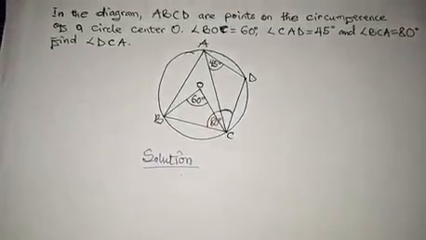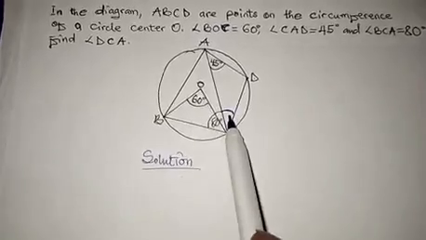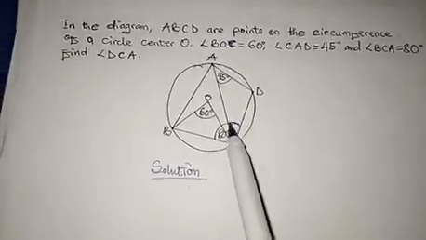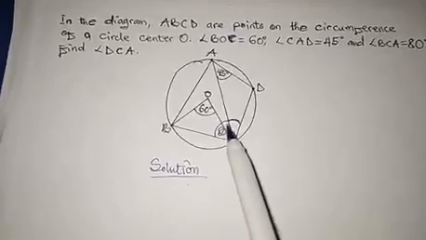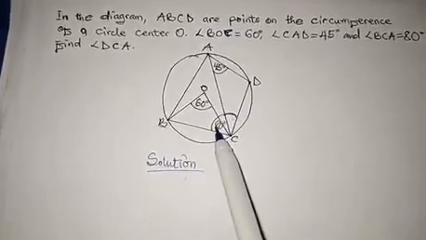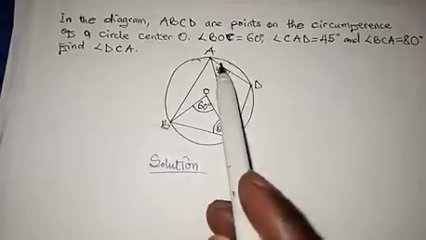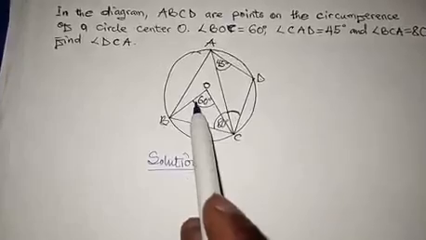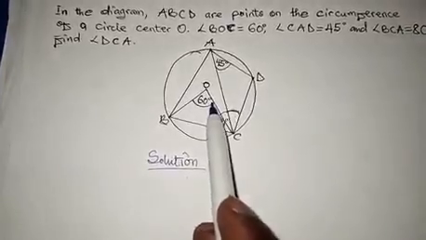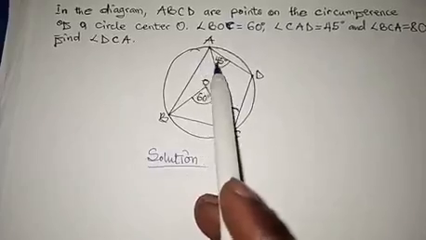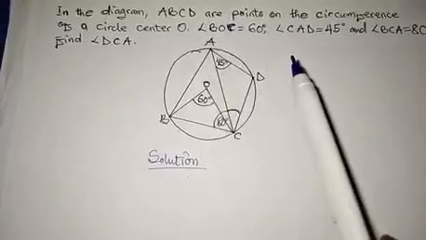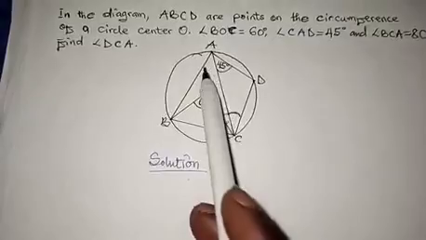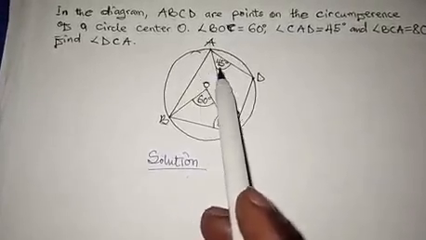Now, before we can find this, we need to work on some of the angles which are not given, even though we have been given 80, 60, and then 45. But note that we have this angle in the middle. So let's see if we can find this particular angle.